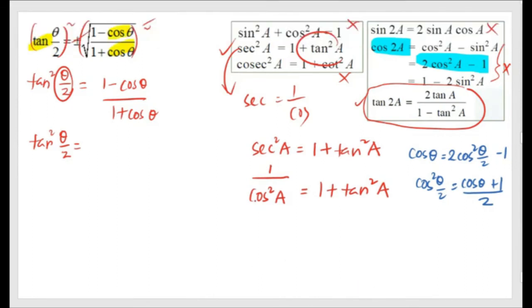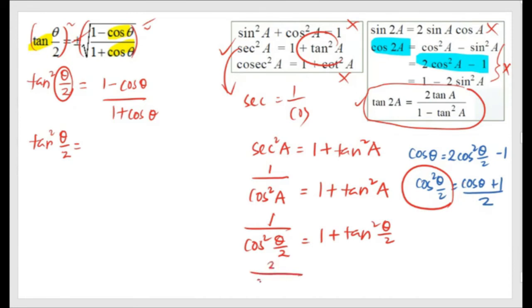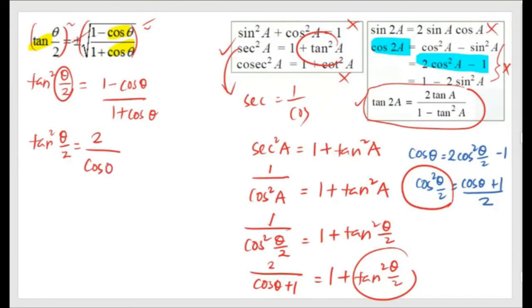Okay, now it will become 1 over cos square theta over 2 equals 1 plus tangent square theta over 2. So cos square theta over 2 is here, right? So it becomes 2 over cos theta plus 1 equals 1 plus tangent square theta over 2. So tangent square theta over 2 becomes 2 over cos theta plus 1 minus 1.